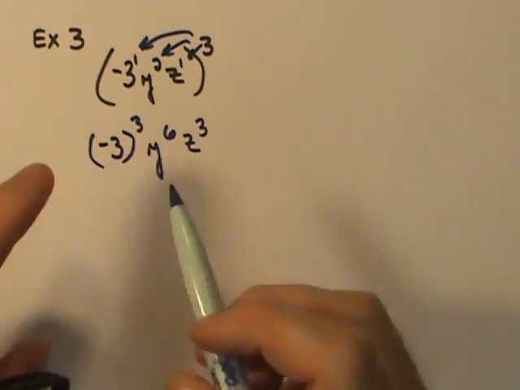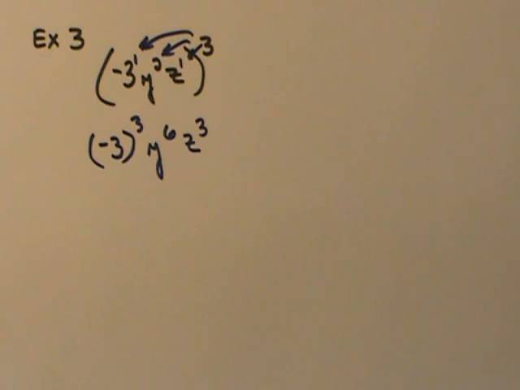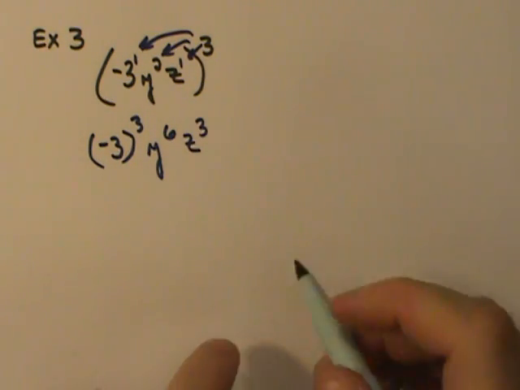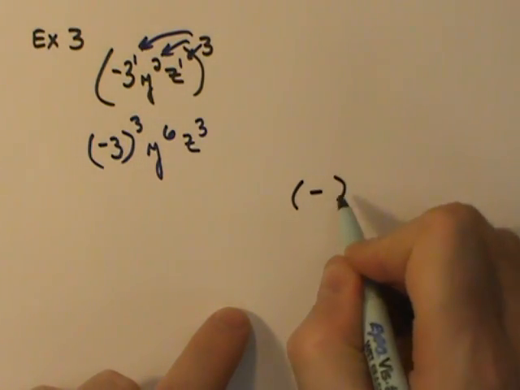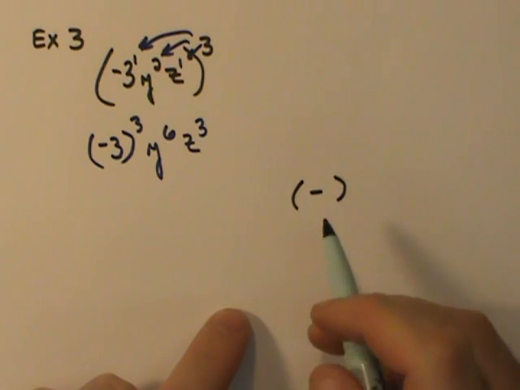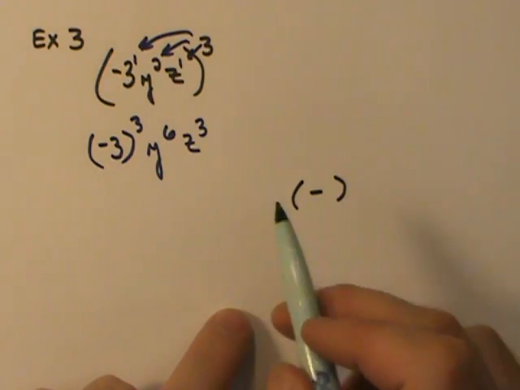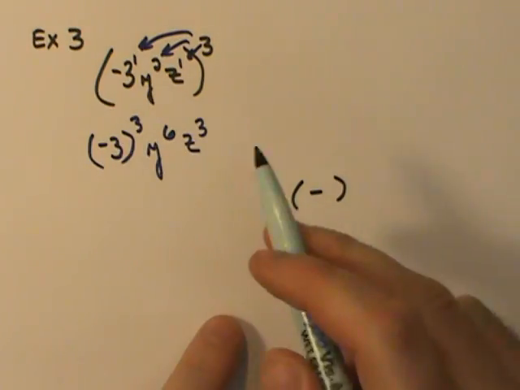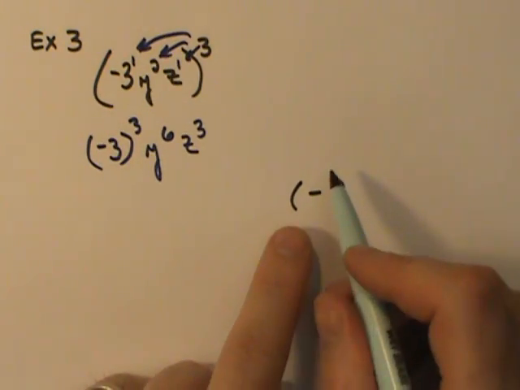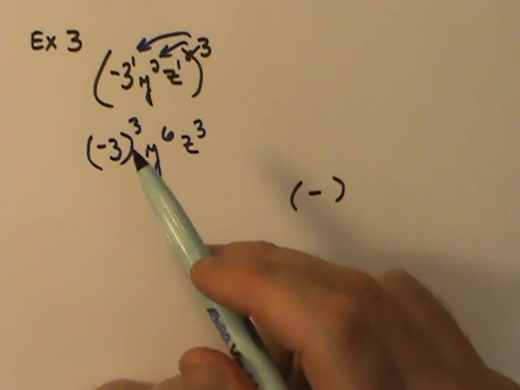Now notice how I wrote my coefficient here. I listed it this way because I want to remind you on your calculators, if you look at that negative button, it looks like this on the calculator. They write that on the calculator to remind you that if you are raising any negative number to a power, or if you're multiplying it or anything like that, you want to have parentheses around that negative number.